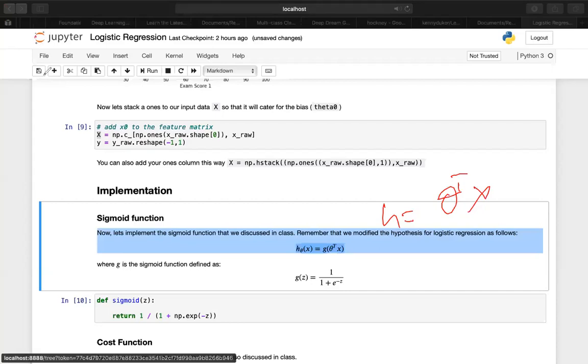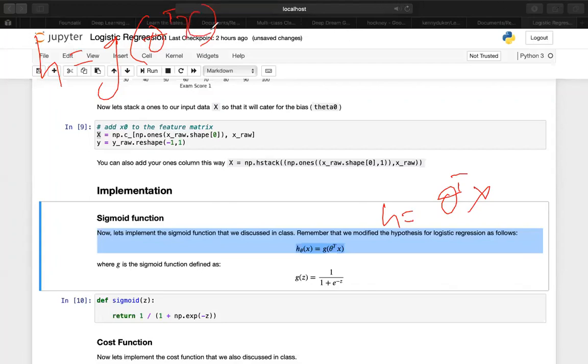We're saying that your h is going to be your g of theta transpose times x. So you are saying g is a function of theta transpose times x, where your g is going to be equal to what?